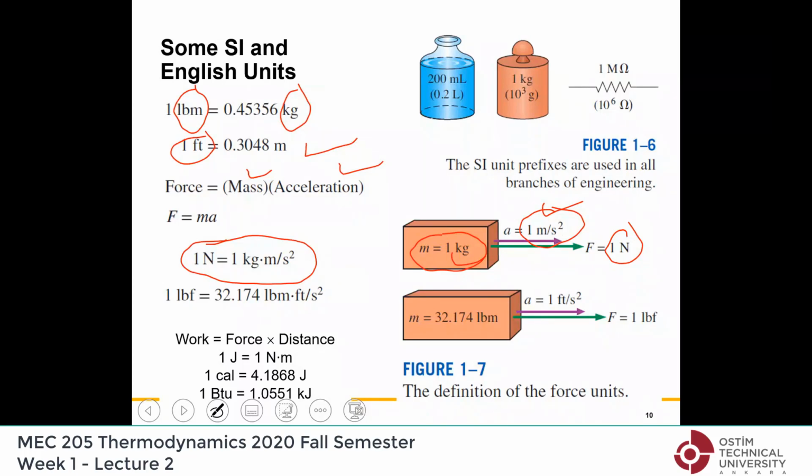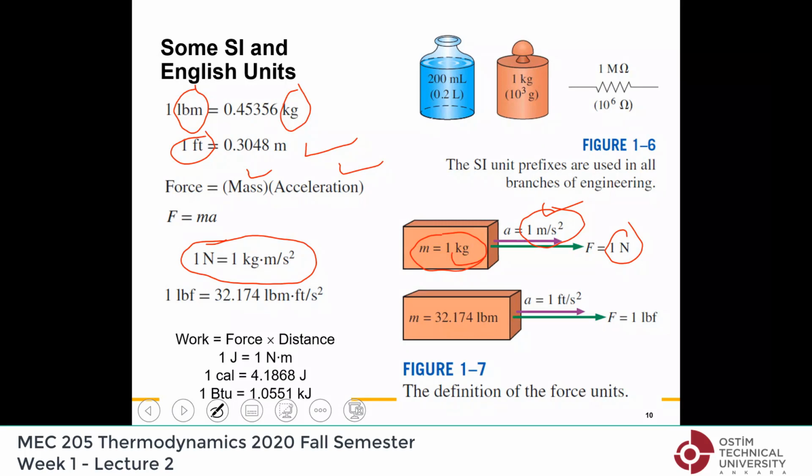Otherwise, you can make a lot of mistakes. So keep in mind, 1 Newton is 1 kilogram meter per second square. In English unit, it is 32.174 pound mass foot per second square.